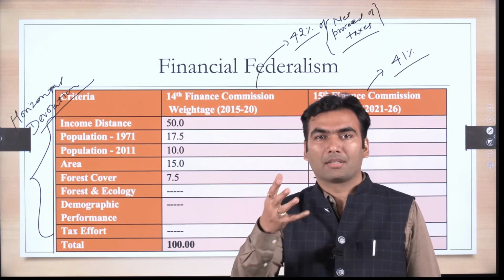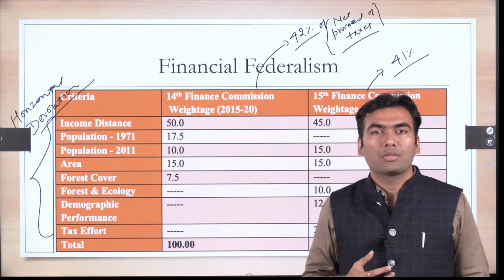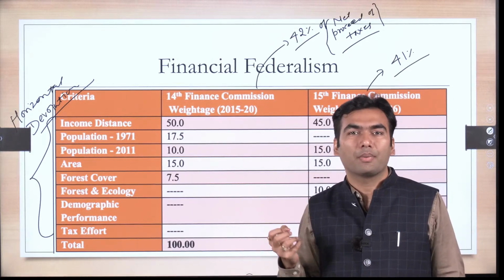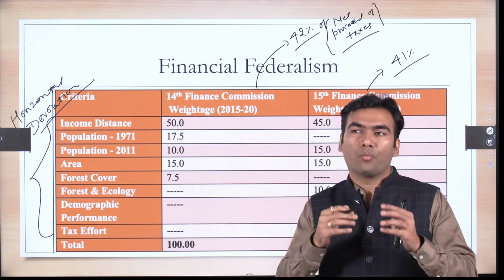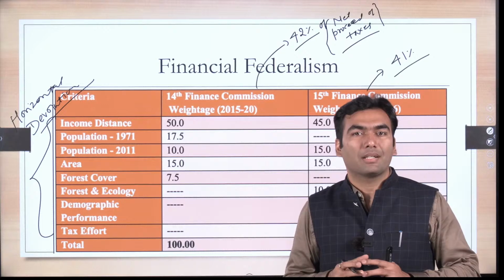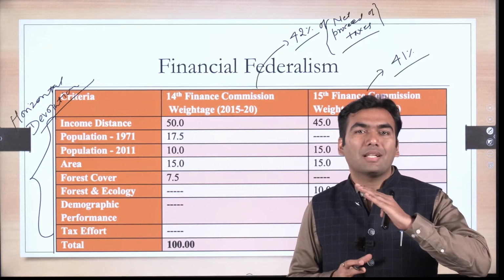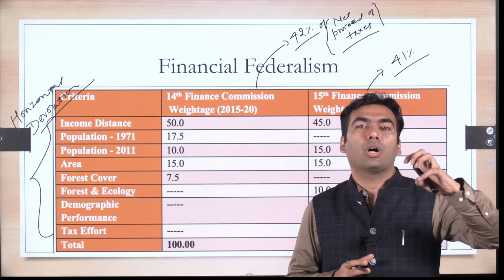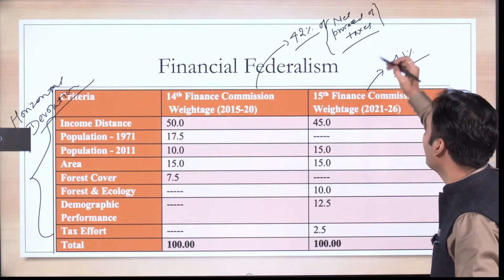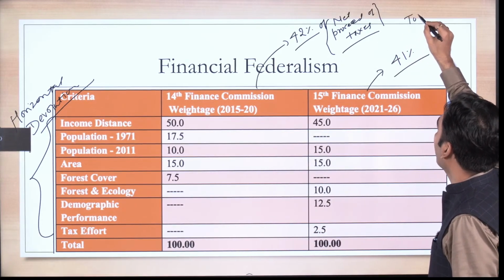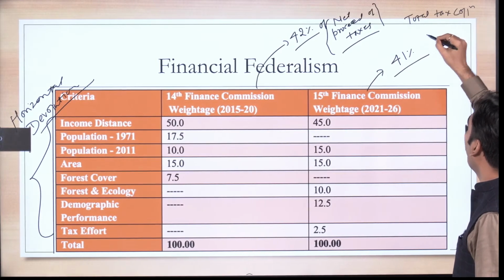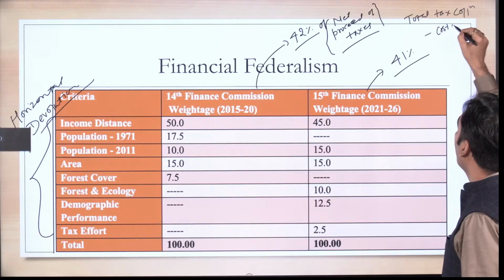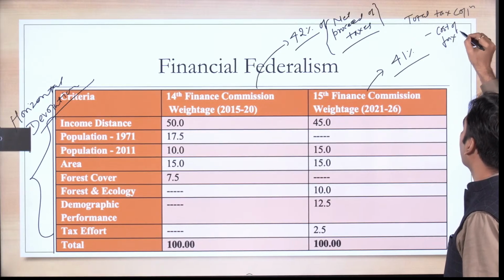For example, some of you might become a revenue service officer, so your salary will also be counted towards the collection of taxes. When you are distributing the money between center and state, you should subtract this cost of tax collection. So net proceed means the total tax collection minus the cost of tax collection.